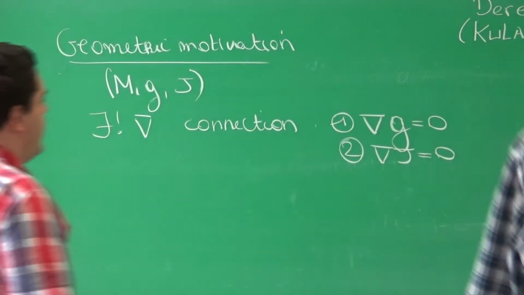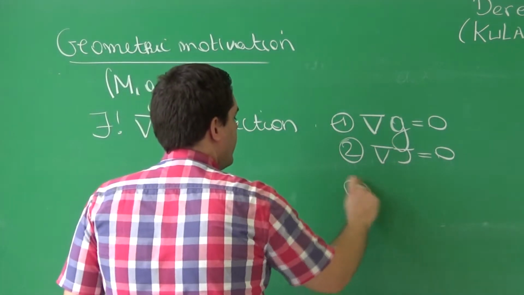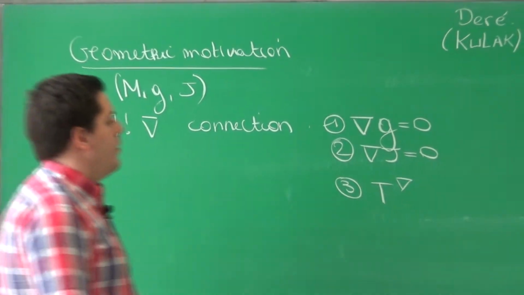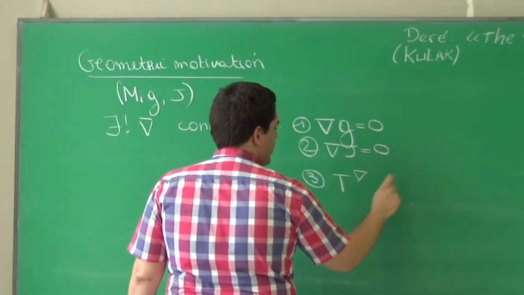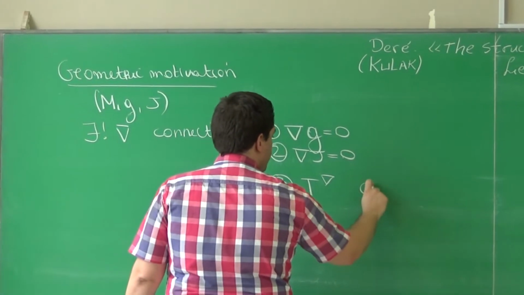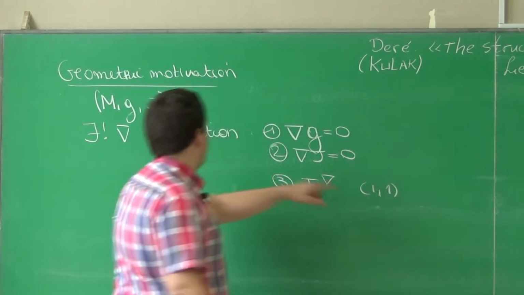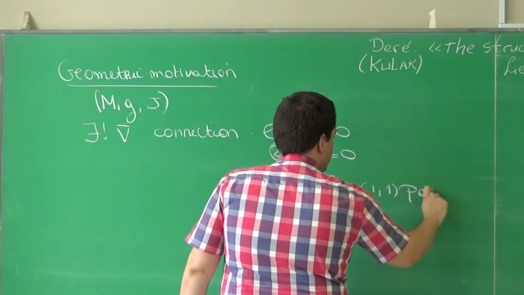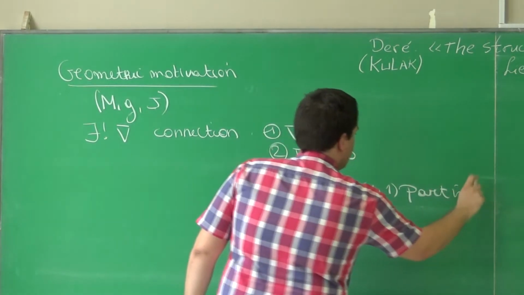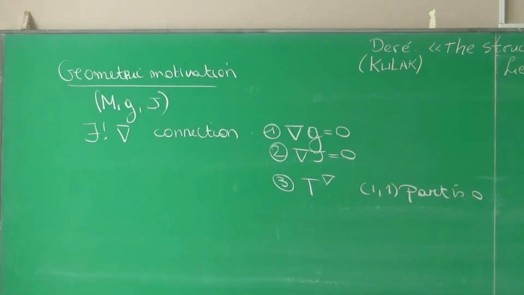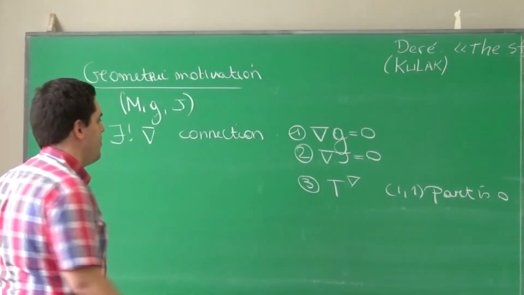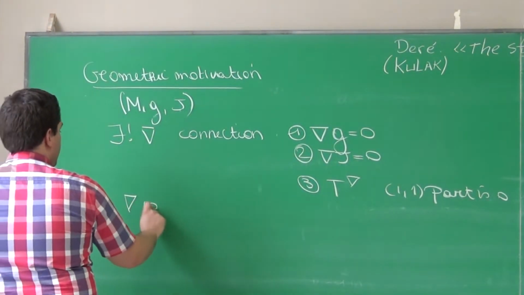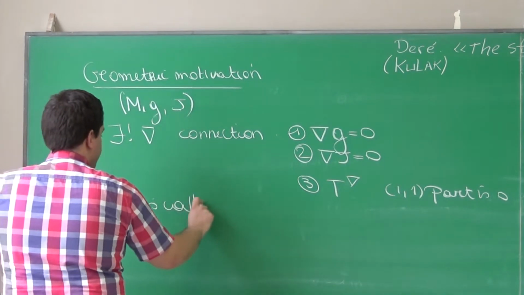And the third property is that if you look at the torsion, it will not vanish, but the 1-1 part with respect to this almost complex structure will vanish. Okay, so those are the three properties, and a connection satisfying these three properties, this unique connection, is called the Chern connection.